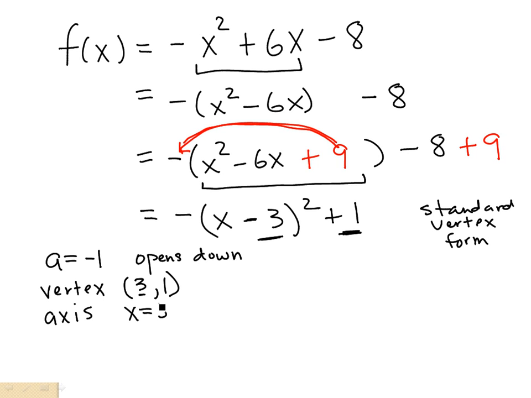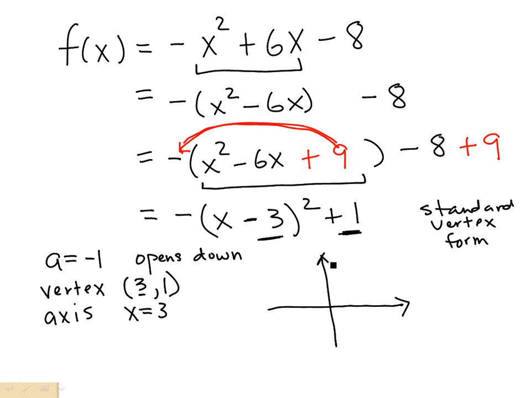Now, let's do a little sketch of what we see. If I ask you to sketch it, then I just want you to do what I'm doing now. But if I ask you to graph it, I do want you to go further and plug in more points so that you'll be more accurate.